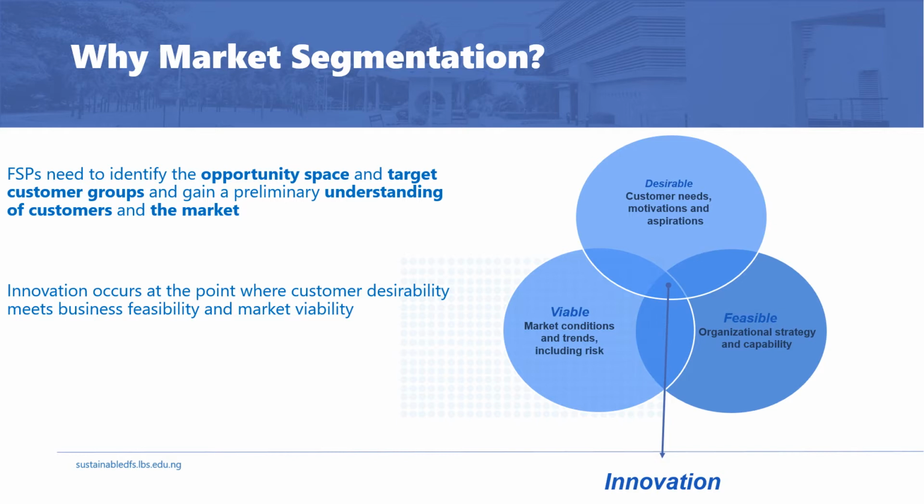FSPs are also able to assess the viability of the market as they use the segmentation to determine a realistic estimate of future revenues. FSPs then combine customer desirability and market viability insights with their organizational strategies and capabilities to bring innovative financial products to the market.